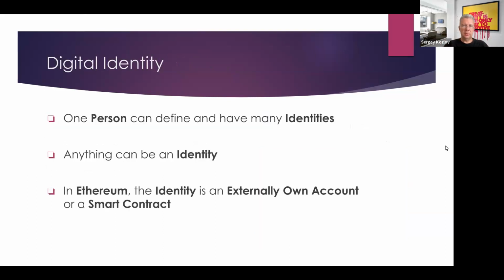In general terms, talking about digital identity, we mean that one person can define and have many identities, meaning that you can be part of a club, you can have a pass to your gym, and all these are identities. Anything can be an identity. That's also clear.